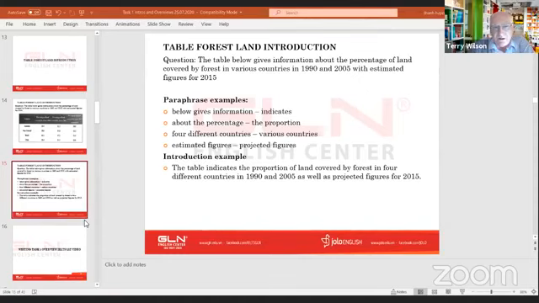So, to conclude this part of today's presentation, writing an introduction, you need to practice different diagrams. Your target is to write an introduction in a maximum of 2 minutes.